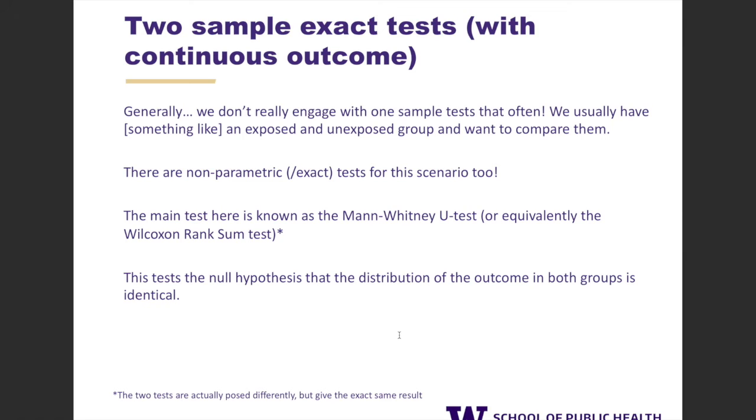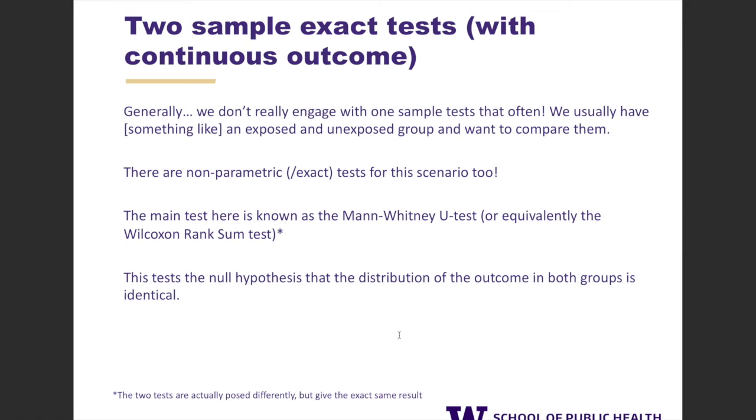And the test that we use here is either known as the Mann-Whitney U-test or the Wilcoxon rank sum test. And actually, these two tests are equivalent. They are posed slightly differently if you look at them in the literature or look at them up on Wikipedia, but they end up doing something identical.